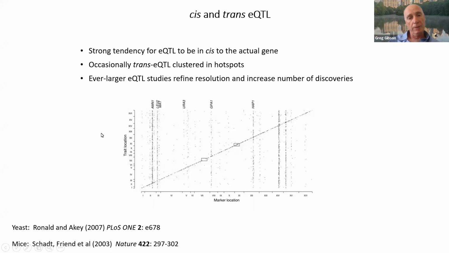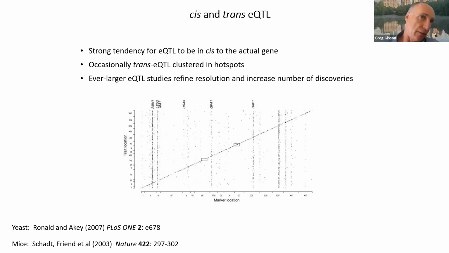Then the final point I'd make from this slide is you can ask, well, how close does a SNP have to be to itself to be cis-acting? I said within a megabase, but the vast majority of them are actually within about 10 kilobases of the transcription start site. So large effect SNPs tend to co-localize with the promoter of the genes they're regulating.